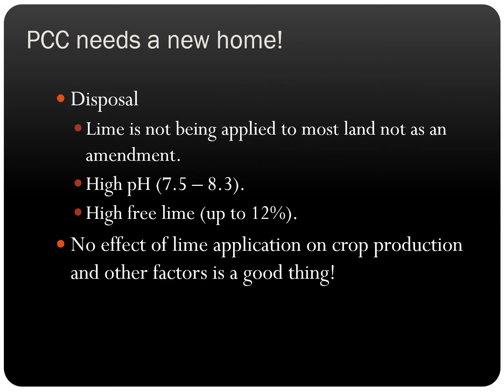Now this disposal, it's called that because there's really no need for it to be applied. There's no purpose of it being applied in terms of agronomics. We're not trying to control the pH. We're not trying to control disease on most of this land. Therefore, it really is a disposal. This land doesn't need it. The pH is already high, 7.5 to 8.3. In many of these soils, we already have a high amount of free lime content.